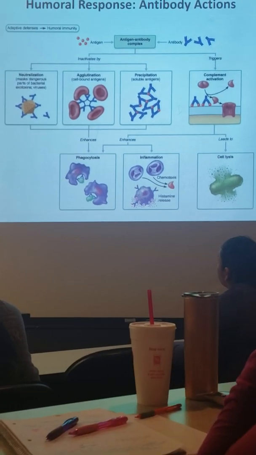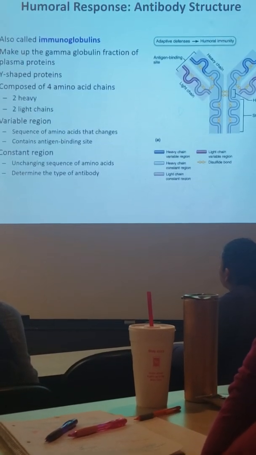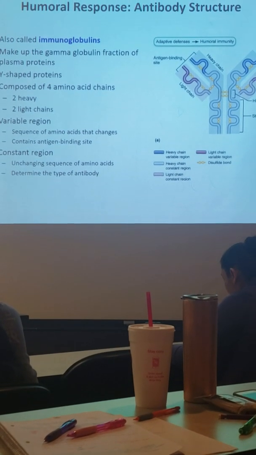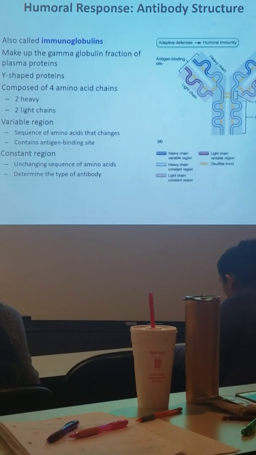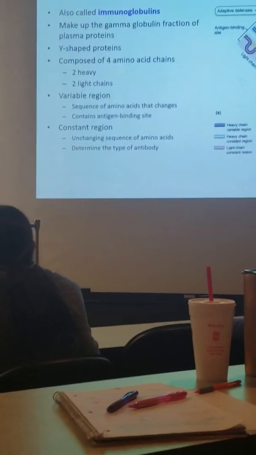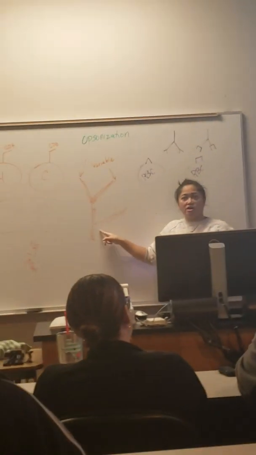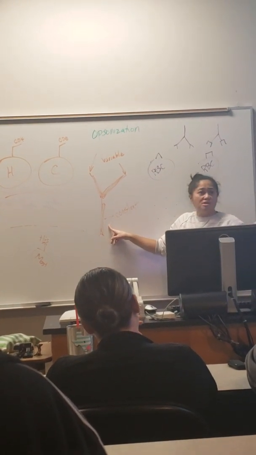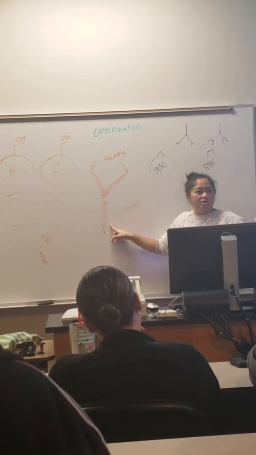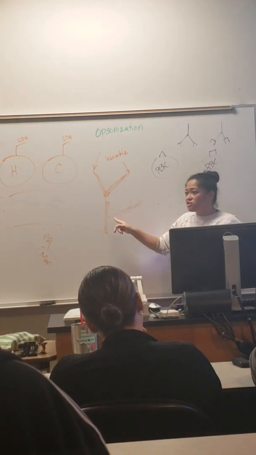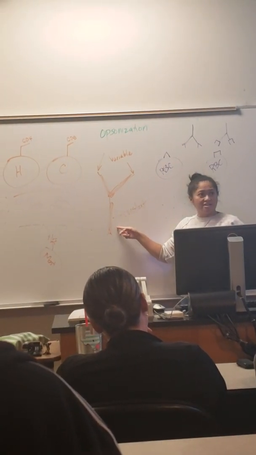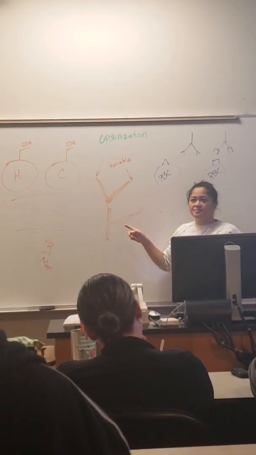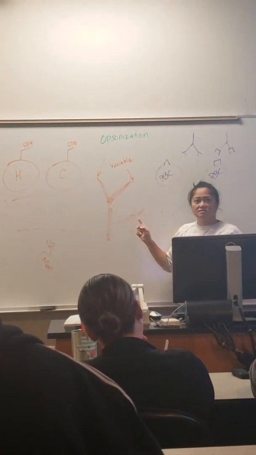Okay? So when we said that this right here is what determines what we bind to, but this here is what determines what type of response we get. The constant region determines, are you gonna do opsonization? Are you gonna do complement? Are you going to do precipitation? Are you gonna do agglutination? This tells you what job or how this antibody is going to work. Okay? Any questions on this?